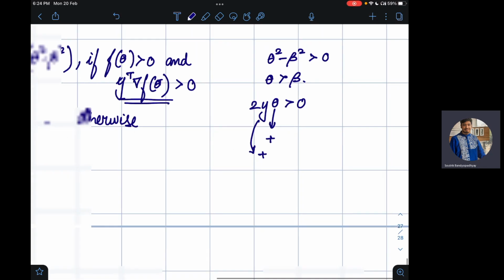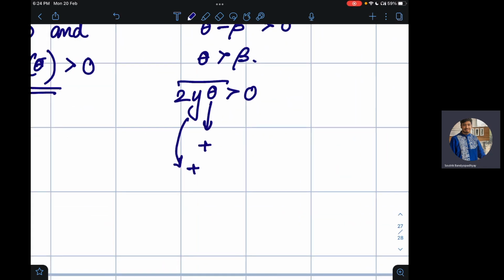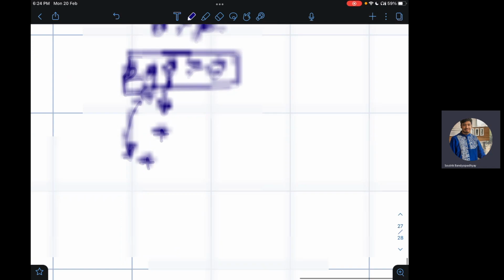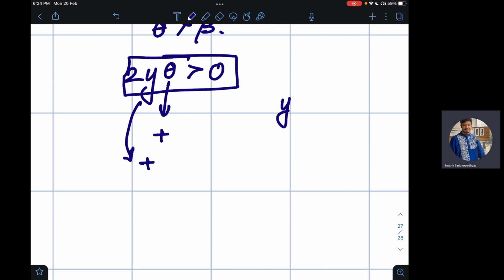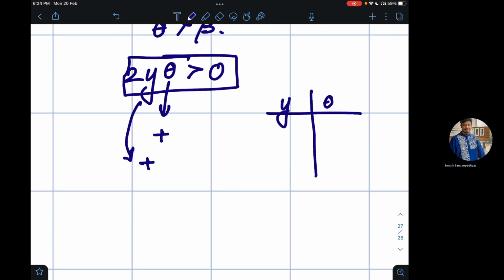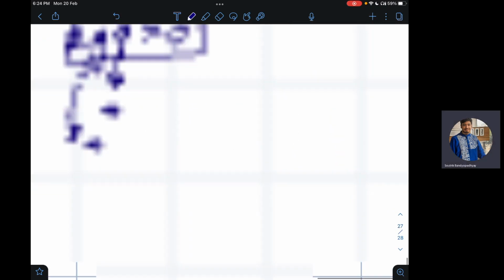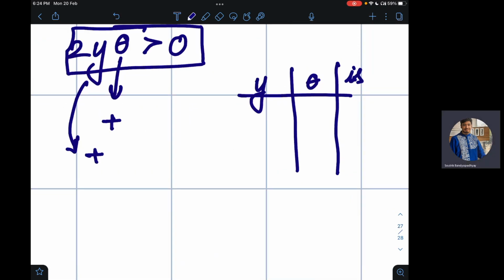So let's draw a truth table for this condition. So this condition is y and is y theta greater than 0.